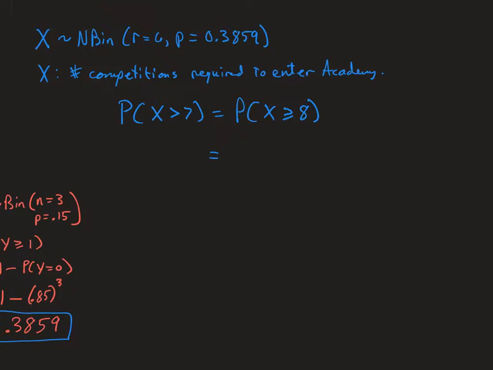So we would think about this in terms of f of 8 plus f of 9 plus f of 10 plus etc. And technically we have an infinite summation here. But since it's not very common to memorize that negative binomial series, the easier way to approach this would be the 1 minus trick.